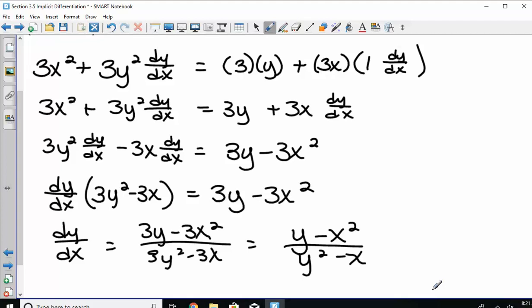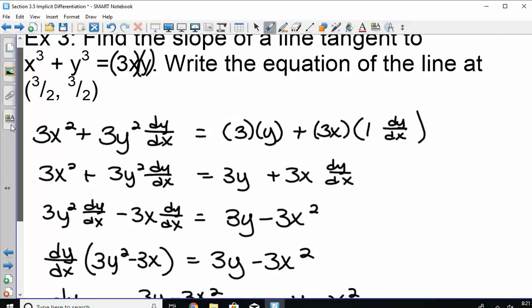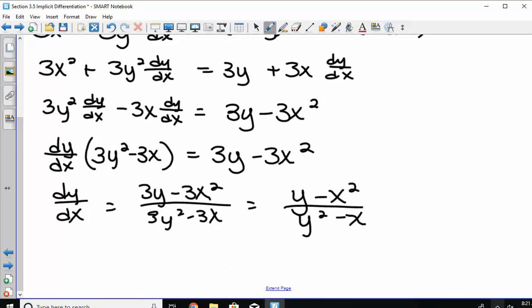Then I wanted the equation at the point (3/2, 3/2). So what do I need to do? Plug that in. And get -1.